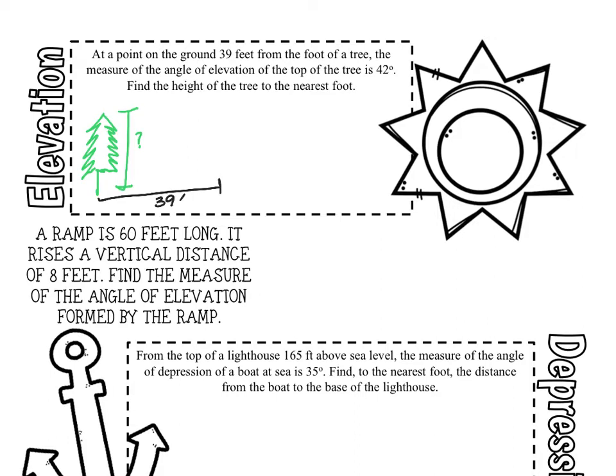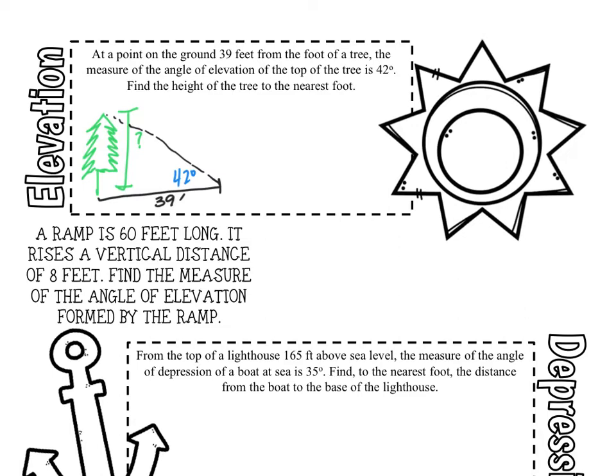And that if I look at the top of the tree, my angle measure is going to be 42 degrees. And so I'm going to be using sine, cosine, and tangent to be able to help me solve this. So we're using our trig functions. Here's essentially a word problem going along with trig.